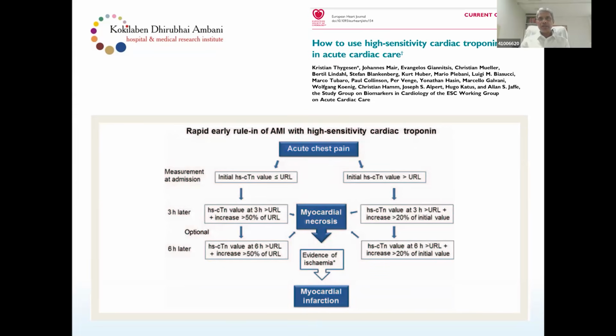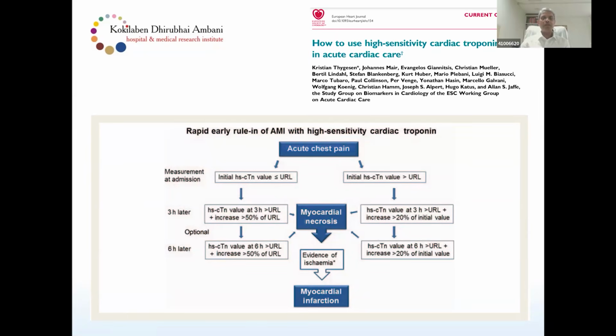If you see this, a little earlier European Heart Journal article on rapid early rule in of AMI with a high sensitivity cardiac troponin, they have a 0 hour and a 3 hour protocol. So if you have to rule in, you have to use the 0 hour and 3 hour protocol. If you have to rule out, then you can go for the 0, 1 and 0, 2 protocols.